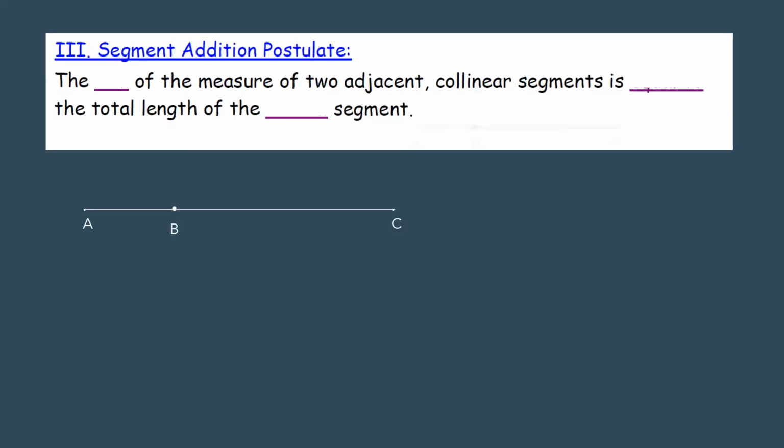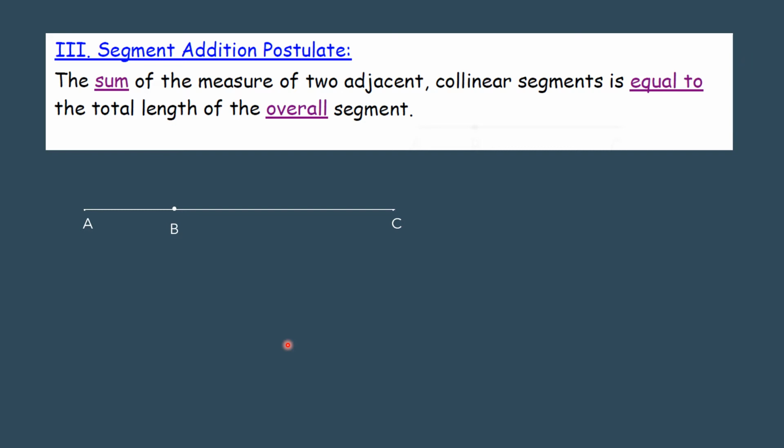Segment addition postulate is what allows us to add numbers or measures from a segment. So the segment addition postulate says the sum of the measure of 2 adjacent collinear segments is equal to the total length of the overall segment. And I know that's very redundant. I've kind of added some extra words into the postulate so that I'm trying to get my point across.